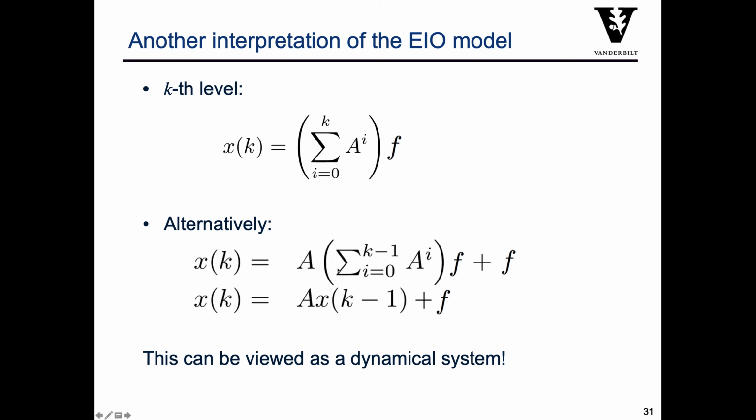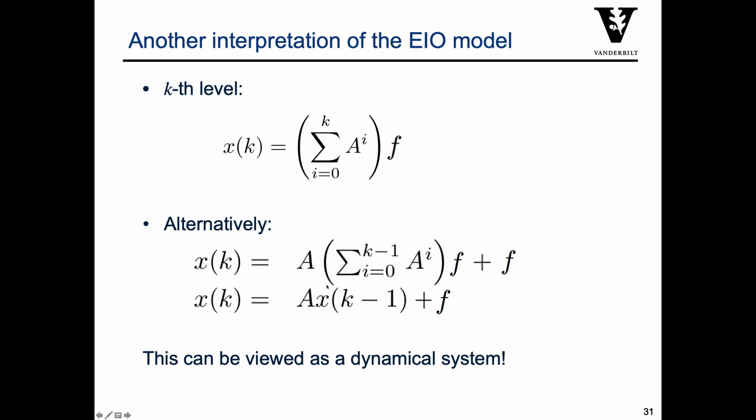You're doing this to get a mathematically convenient expression in the final line, which is to recognize that this term right here, the sum from i equals 0 to k minus 1 of A^i F, is nothing more than the expression, look for it right up here, x of k minus 1.